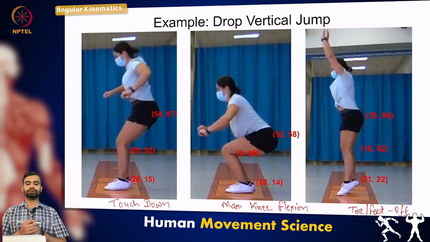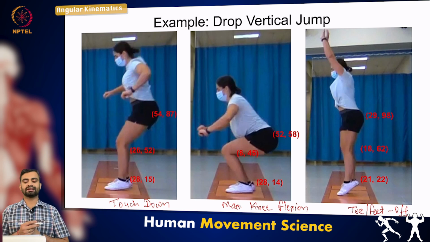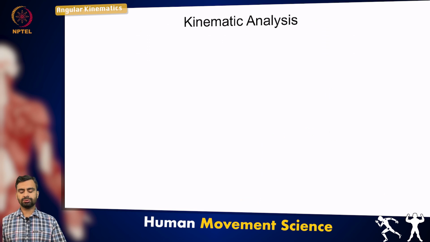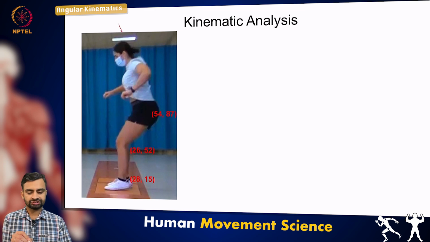Now what we will do is we'll take all these three moments in the drop vertical jump and try to calculate the knee angle using the information which we have so far. So now let's look at the first phase of the drop vertical jump, which is the touchdown phase.